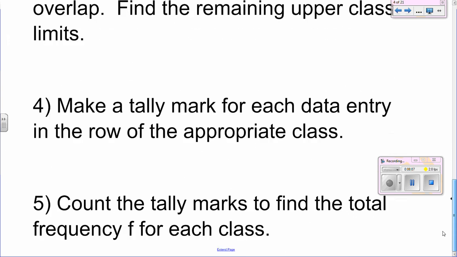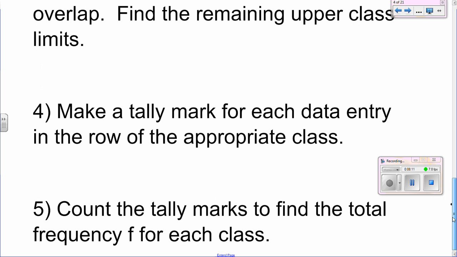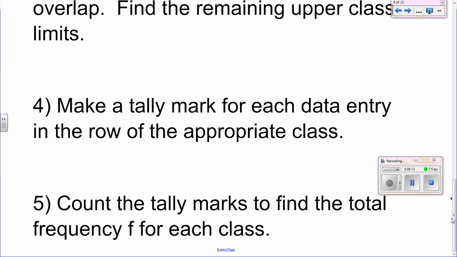We're going to do multiple examples of this. Fourth step, make a tally mark for each data entry in the row of the appropriate class. Then the fifth step is just to count the tally marks to find the total frequency F for each class.